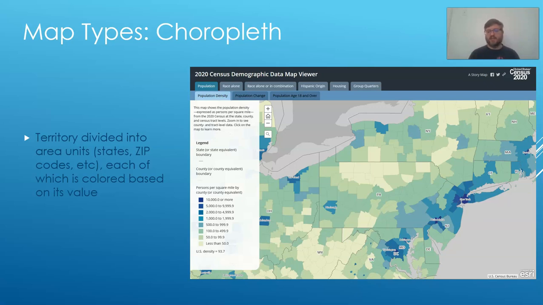So, if you look at Pennsylvania, you shouldn't be surprised. You can see more density in Allegheny County around Pittsburgh and in the counties surrounding Philadelphia, and then much less dense in the central and northern parts of the state, right? So the color of each county tells us its value in this particular data set, on this variable that we are mapping here.